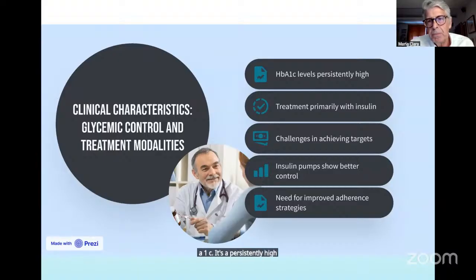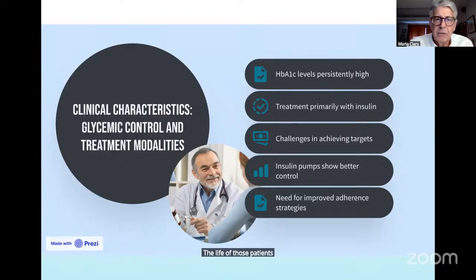This is a major problem for controlling the complications of diabetes. They deal with difficulties, sometimes, in getting insulin, and they are changing between different teams to achieve targets to control the lives of those patients.